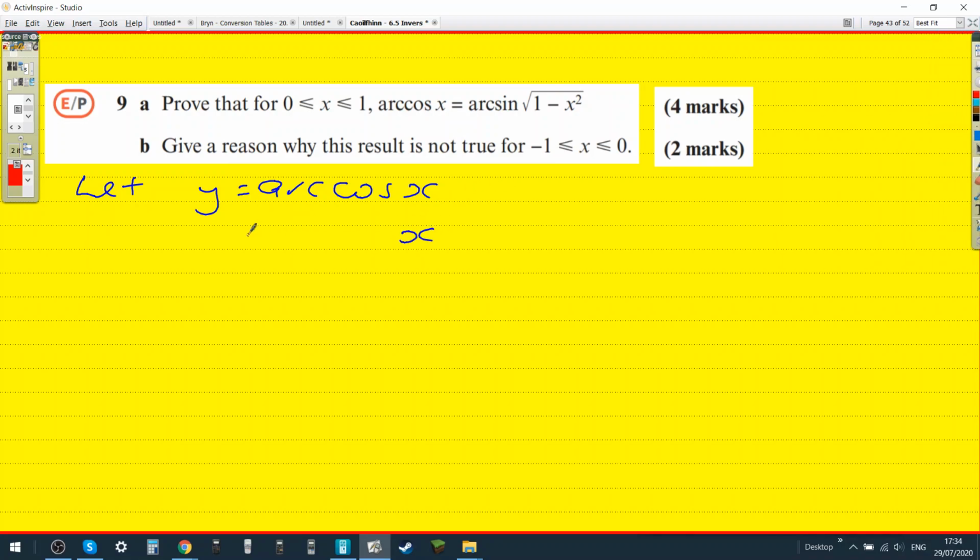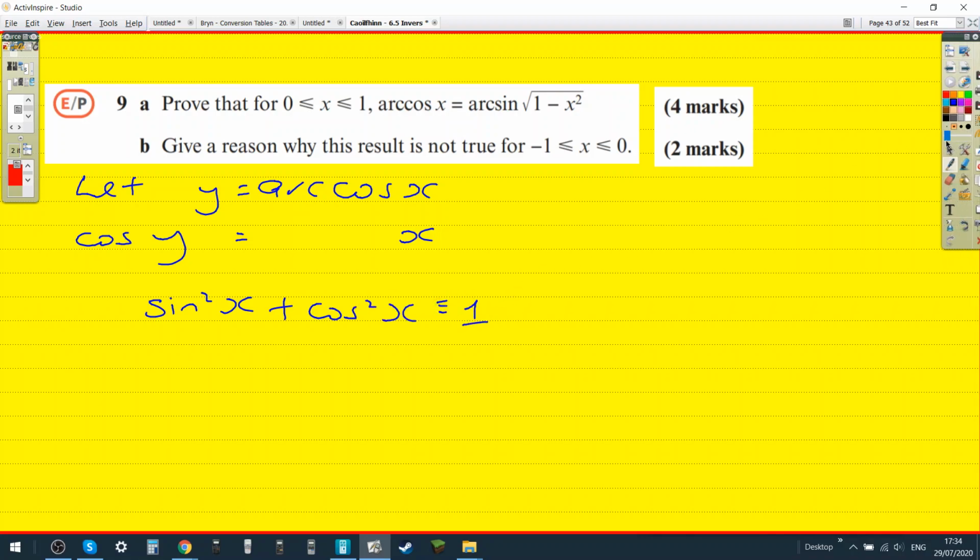You're thinking of inverse? Oh, cos both sides. So cos y equals x. Yes. What you forgot was our identity. Sine squared x plus cos squared x is identical to 1. And in fact, I'll just call it y, because it's always the same thing. Theta.